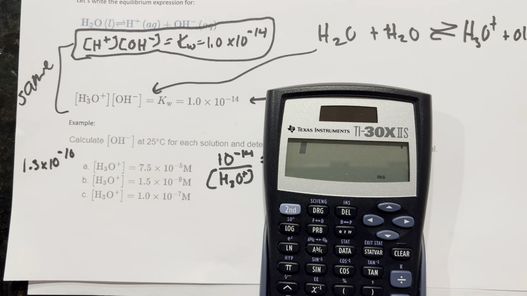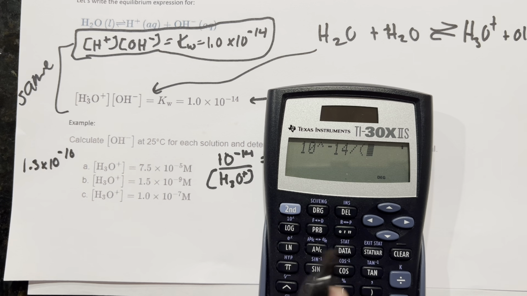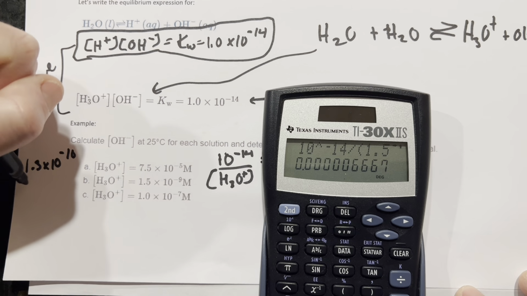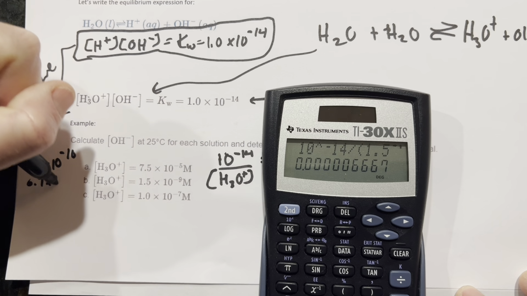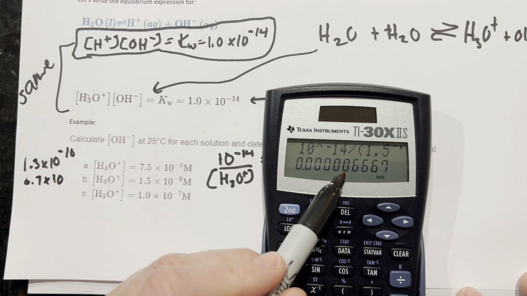All right, in our next situation, let's move on to this one. We have 10 to the negative 14 divided by, in parentheses, 1.5 times 10 to the negative 9. And we get 6.7 times 10, and then we could just count 1, 2, 3, 4, 5, 6, to the negative 6.